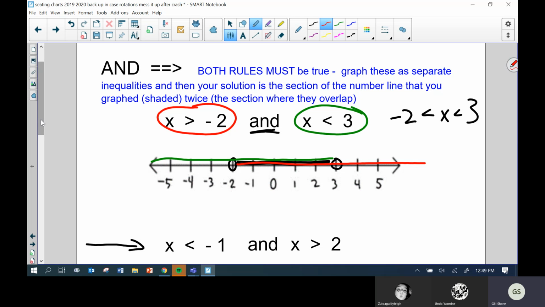We had both of the graphs shaded there. This section we only had red. This we only had green, so that's not part of our answer. So you need to look and say, where do I have both of the lines shaded on my number line? So where do you have it?